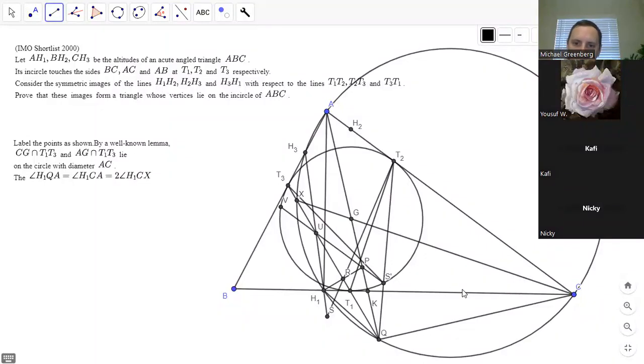And also we have T1QG. It's equal to half of angle C, which is also equal to T1CG, and we said that T1, Q, C, and G are cyclic.